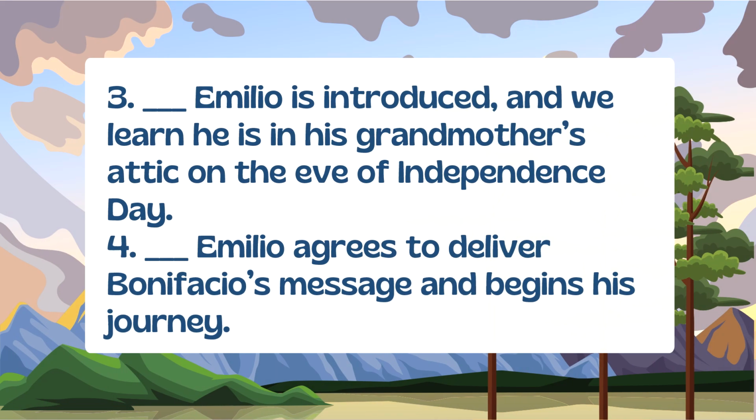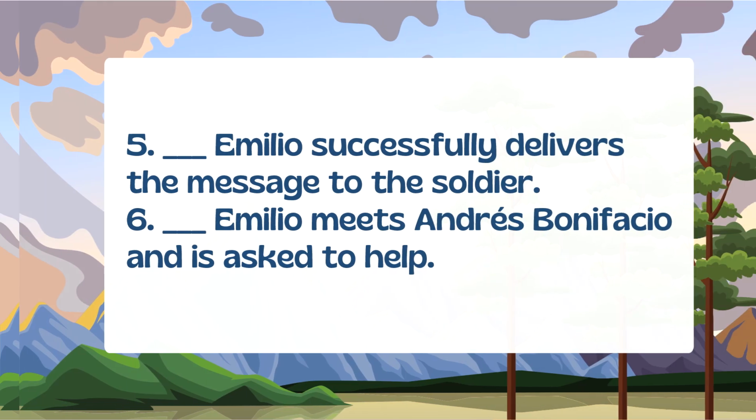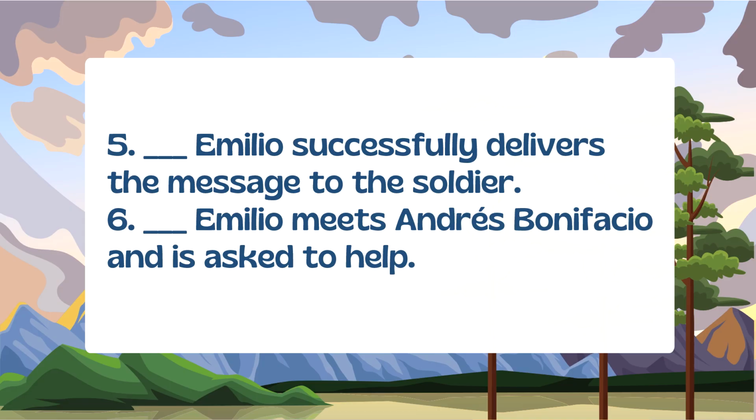Emilio is introduced and we learn he is in his grandmother's attic on the eve of independence. 4. Emilio agrees to deliver Bonifacio's message and begins his journey. 5. Emilio successfully delivers the message to the soldier. And 6. Emilio meets Andres Bonifacio and is asked to help.